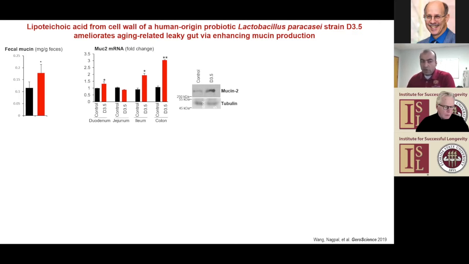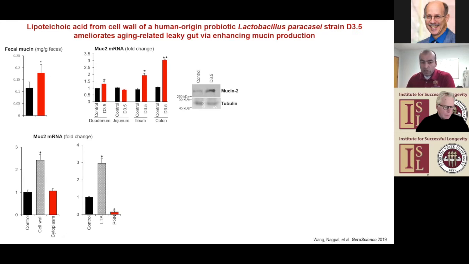And then we found that the expression of the MUC2 mRNA gene, which relates to the mucin integrity in the intestine, was increased in most of the intestinal tissue: duodenum, jejunum, ileum, and colon.